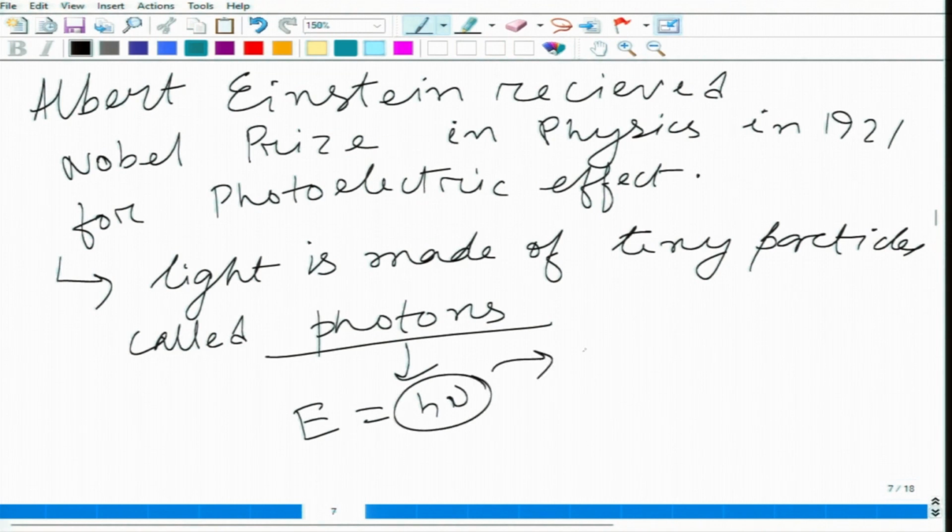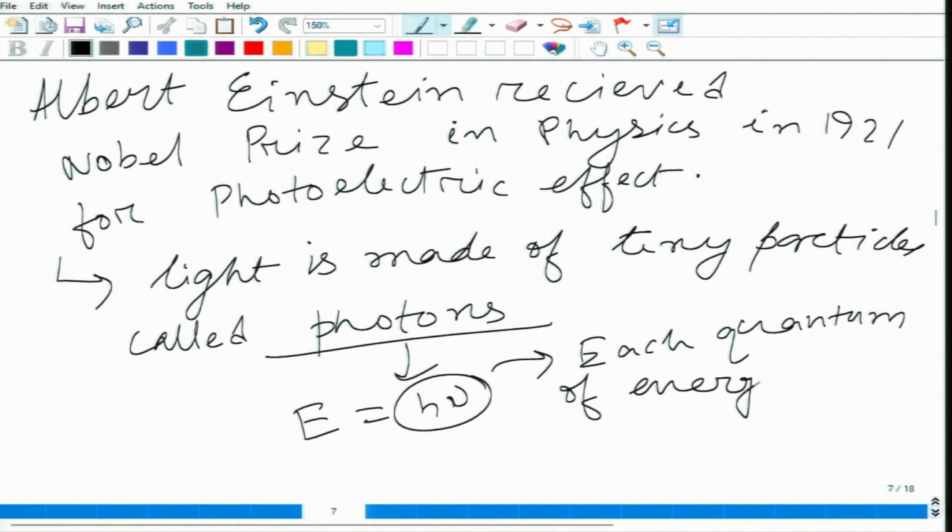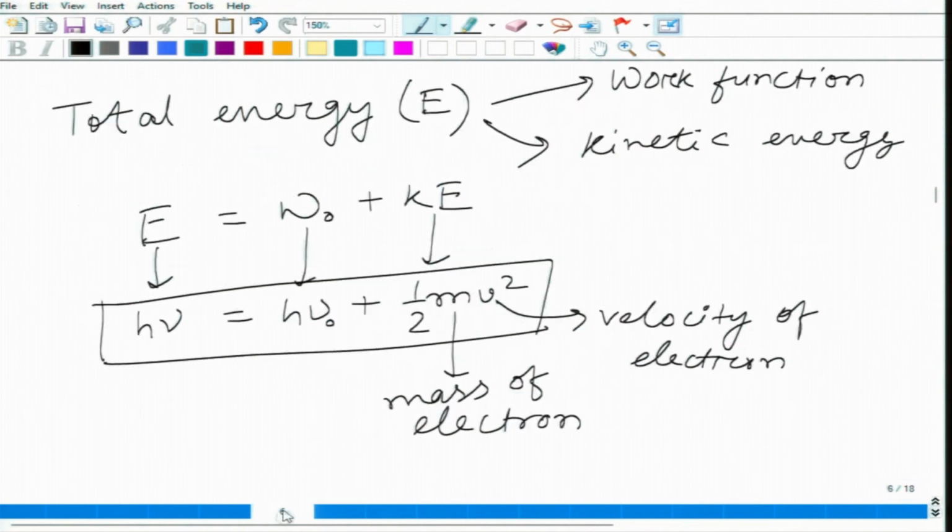This amount of energy is called each quantum of energy, and he gave this formula that total energy is the summation of work function and kinetic energy.